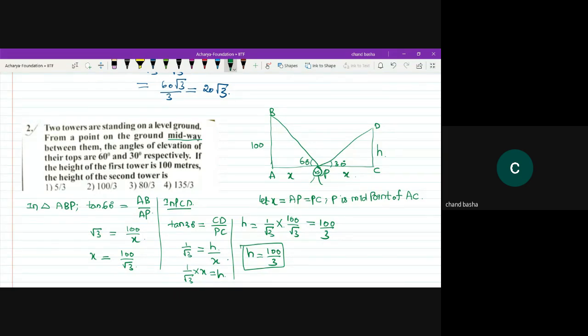That is important, guys. Is it clear? Second question is clear.